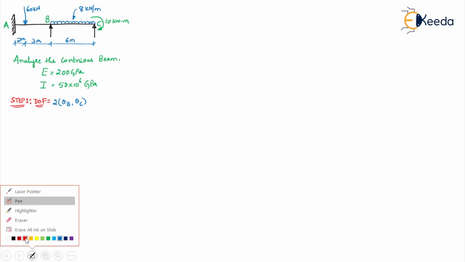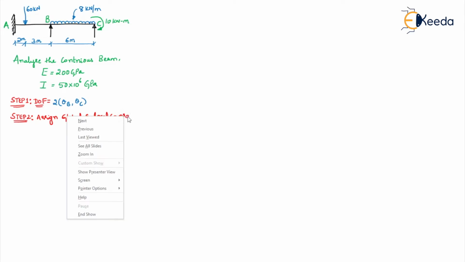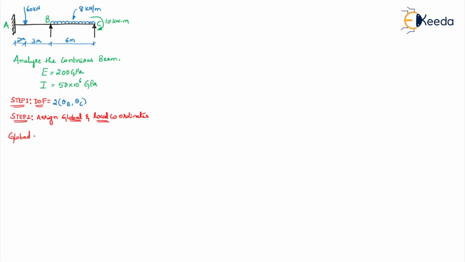Then the next step is what? Step 2 is to assign the global and local coordinates. How many global coordinates will there be?